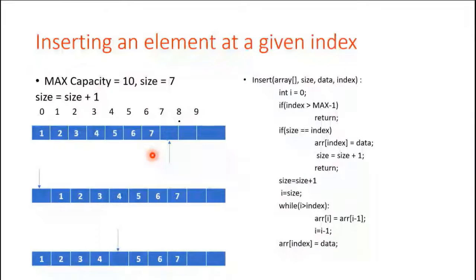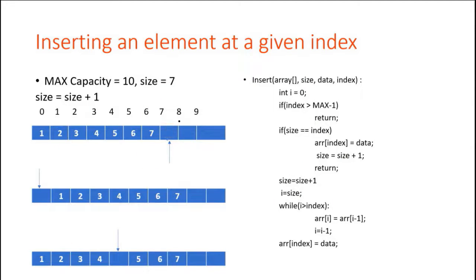We will insert at the end. The first element will be inserted at 0, and after that, so on, we inserted 7 elements at the end of the array. How is an element inserted at the end of the array? Let me tell you.